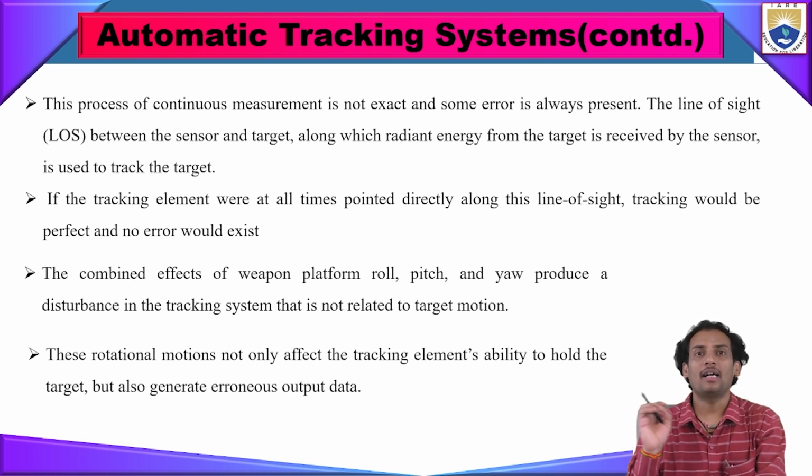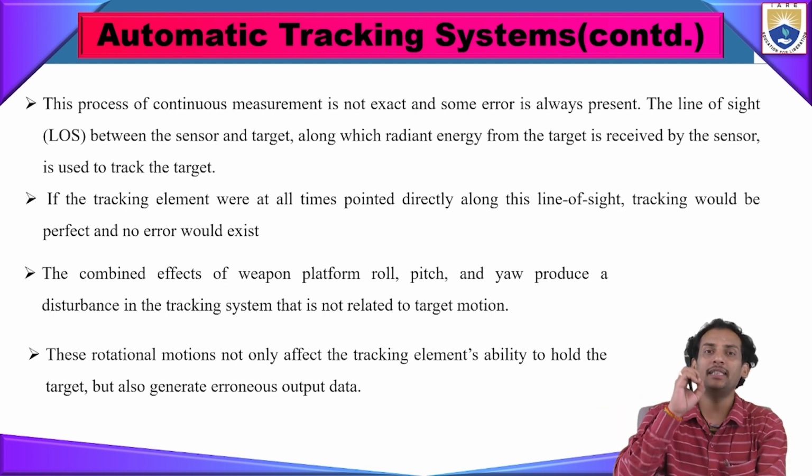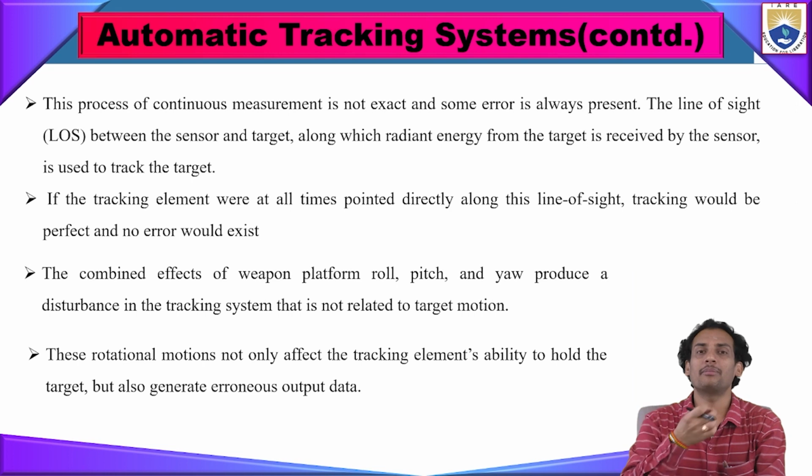So that type of thing should be designed in such a way that the small disturbances are also carried out. The rotational motion not only affects the tracking element's ability to hold the target, but also generates erroneous output data.